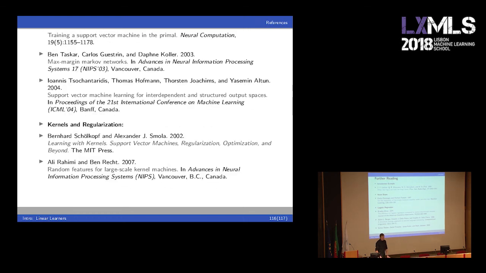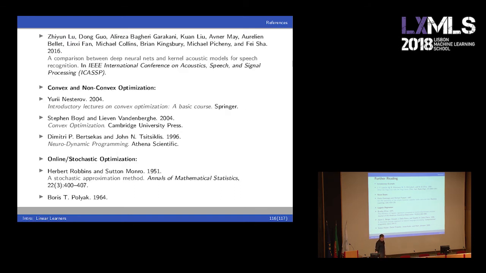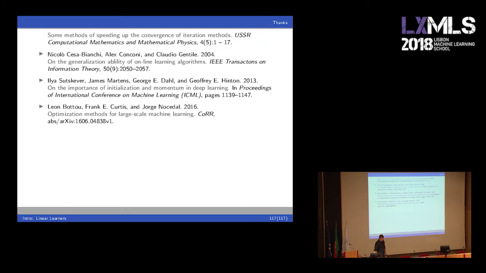And so if you look at the slides, for each chapter I have some papers that I think are useful and interesting. Maybe the paper that I want to recommend today is the last one here. It's by Leon Bottou and Nocedal on optimization methods for large-scale machine learning.